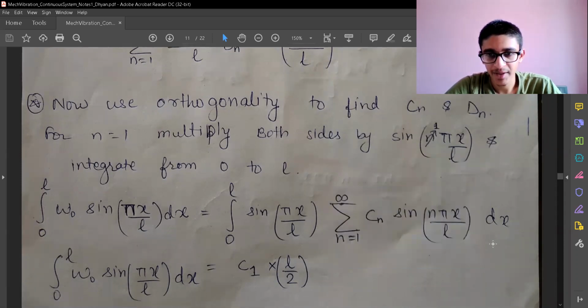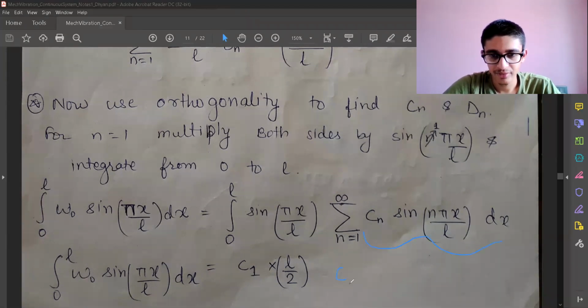If we expand this, the orthogonality condition will be helpful. The summation will be expanded to c1 sine(1 pi x by l), plus c2 sine(2 pi x by l), plus c3, and so on. So sine(2 pi x by l) multiplied by sine(pi x by l) will result in 0 when we integrate from 0 to l.